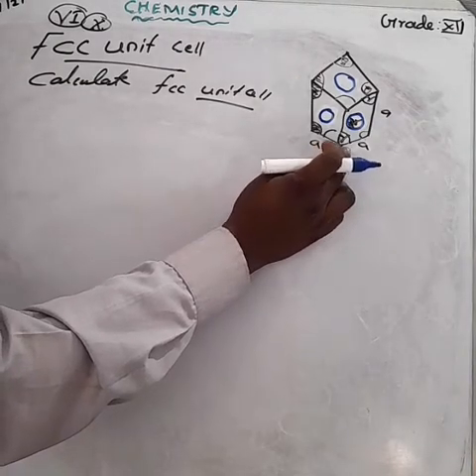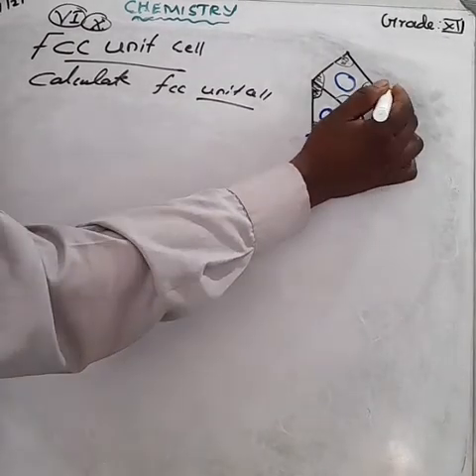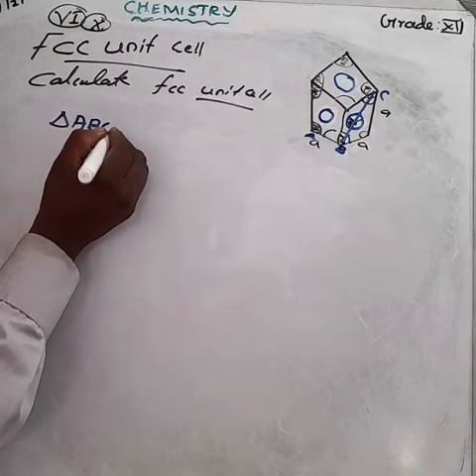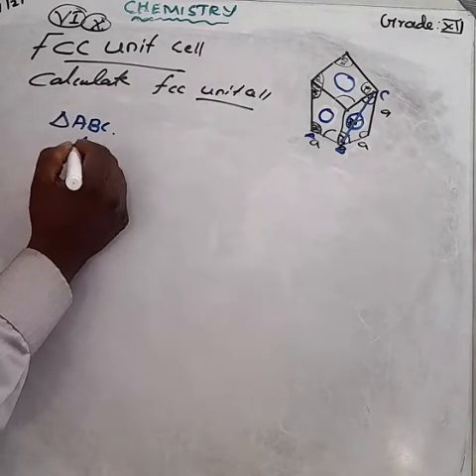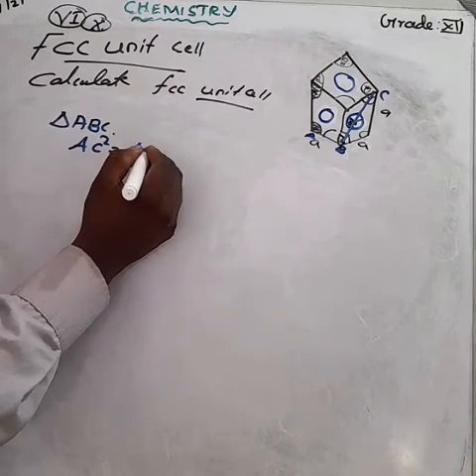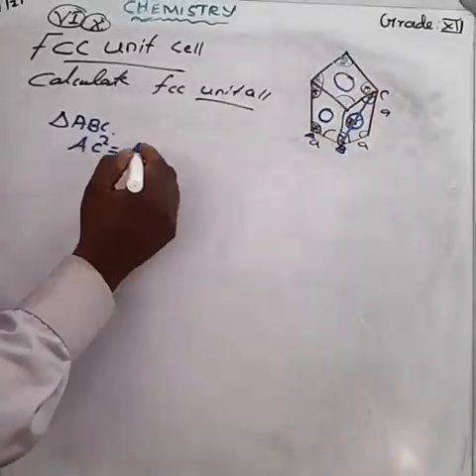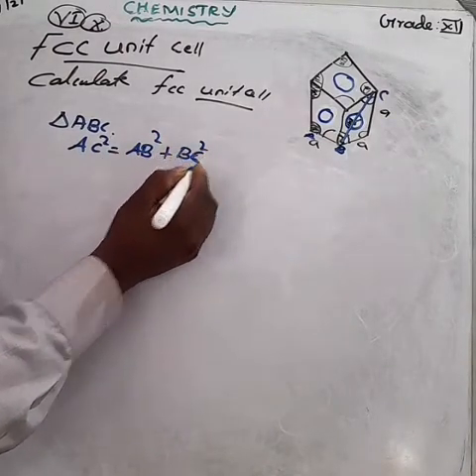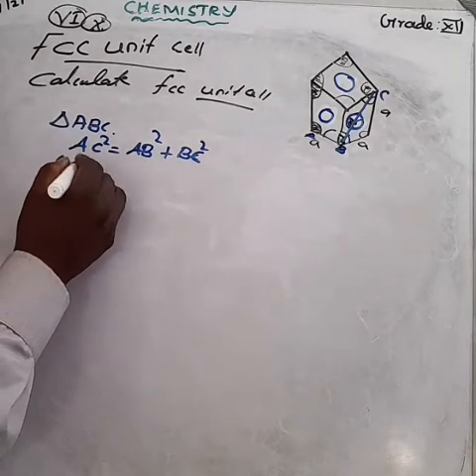So in triangle ABC, we already discussed this for the simple cubic: AC square is equal to AB square plus BC square, where in the diagram this is A, B, this is C. AC is equal to root of AB square plus BC square.